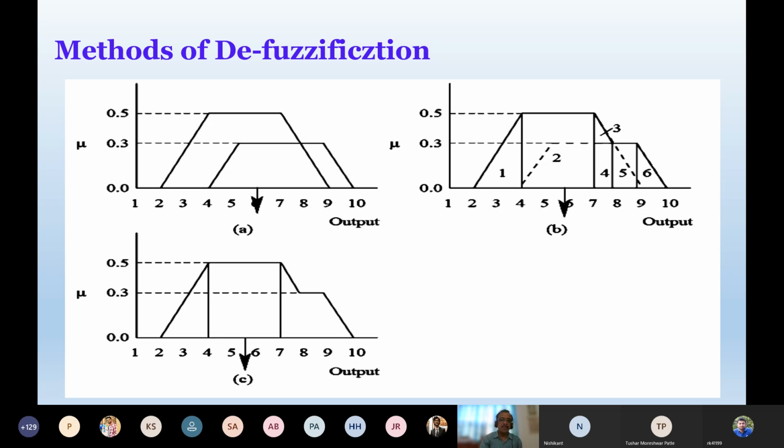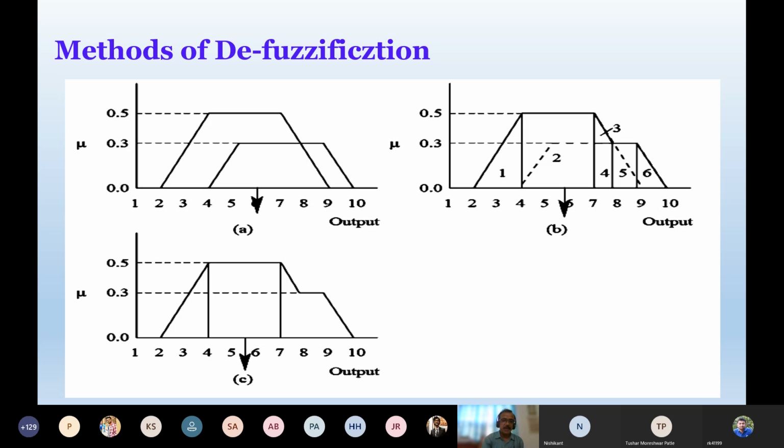And this method is computationally very fast, but this is a more approximate method. So we get a computationally faster method, but at the cost of accuracy. And what is this method? The method is very simple. What you do is you try to identify the range for the output corresponding to which you get the maximum value for this particular membership.